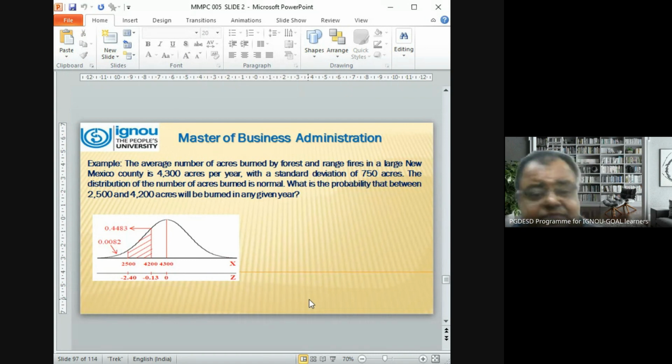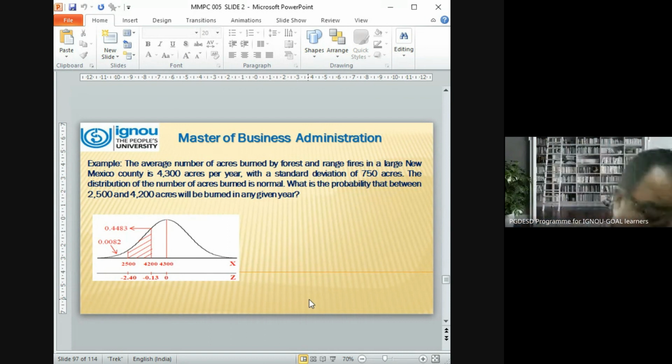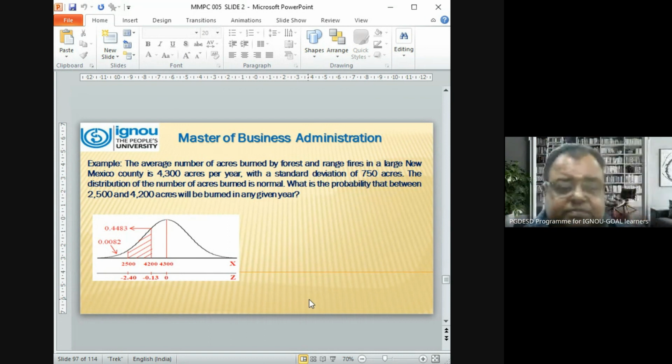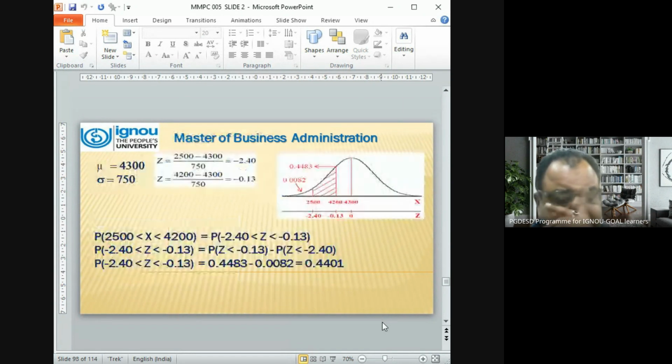Again, I have drawn the complete conversion on a single figure. 4,300 is the mean. You have to calculate for two values, that is 4,200 and 2,500. So you have to calculate this area. This is how it is calculated.